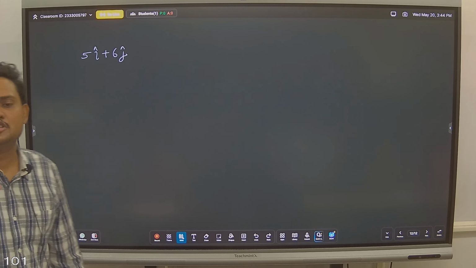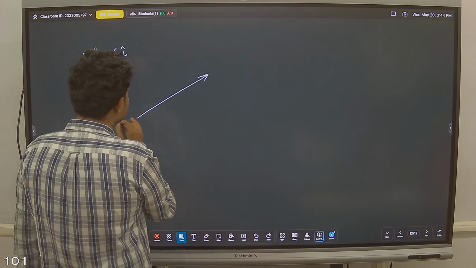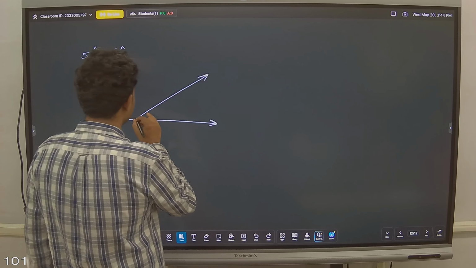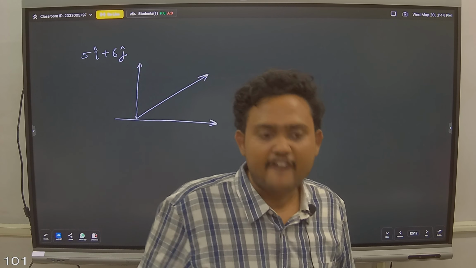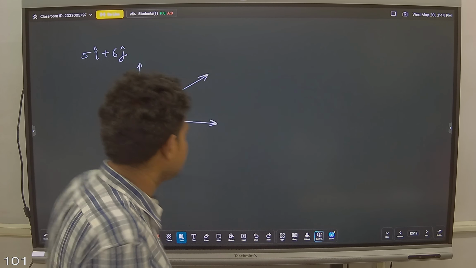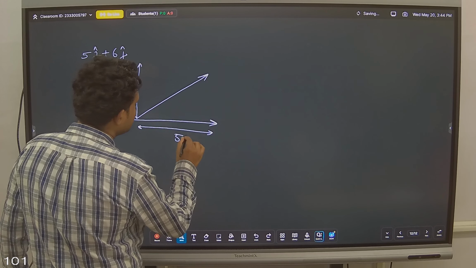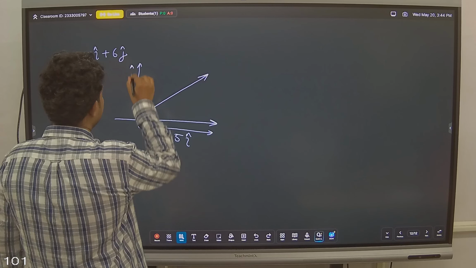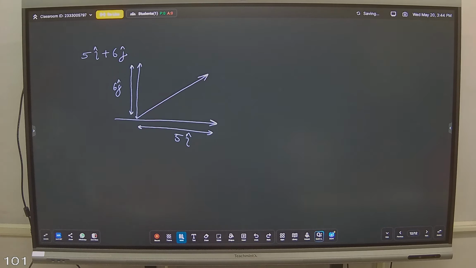Now, if I want to split this along the x-axis and y-axis, what are the two components? 5i and 6j, right? So this is 5i and this is 6j.